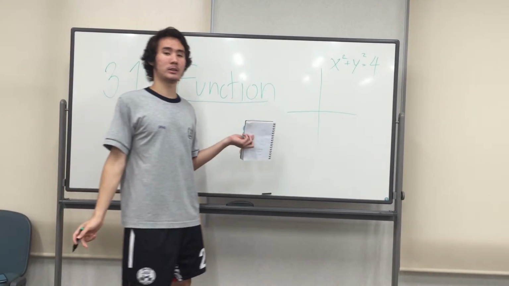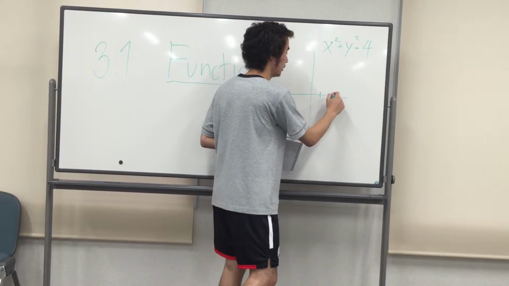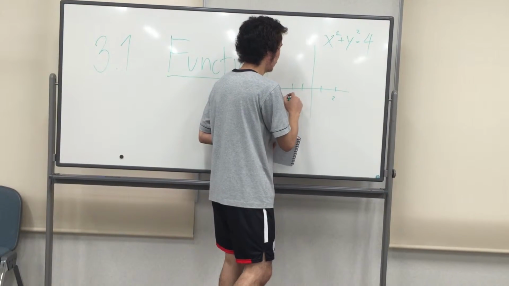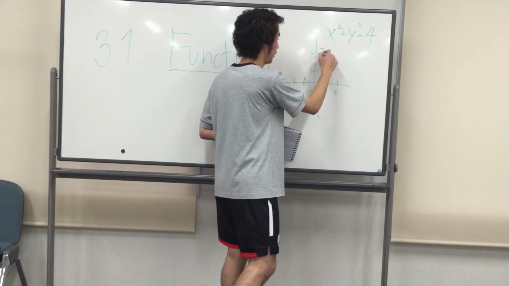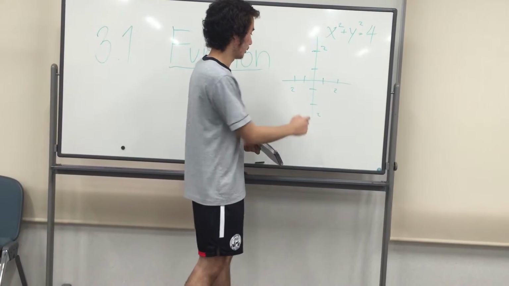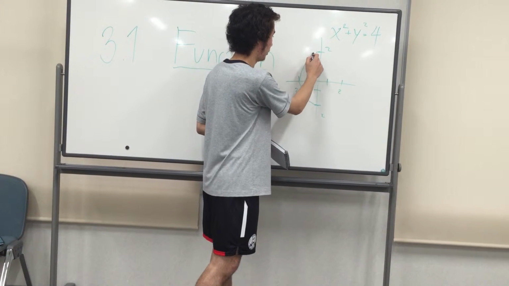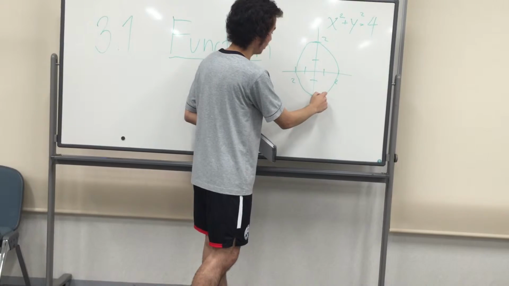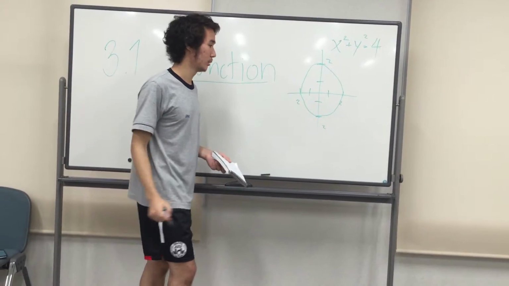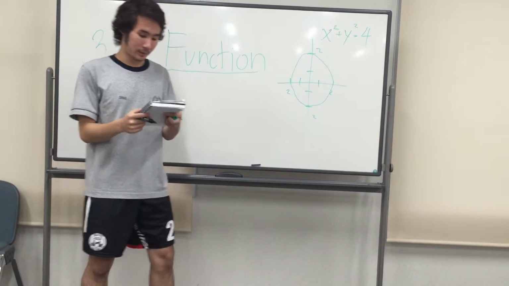Let's draw a circle with a radius of 2. So first here, 1, 2, in each direction. This is a circle with a radius of 2. This side 2, this side 2, and the last side 2, our radius.